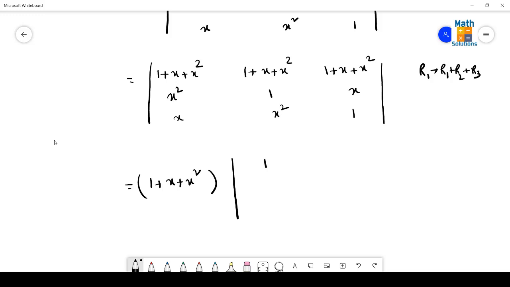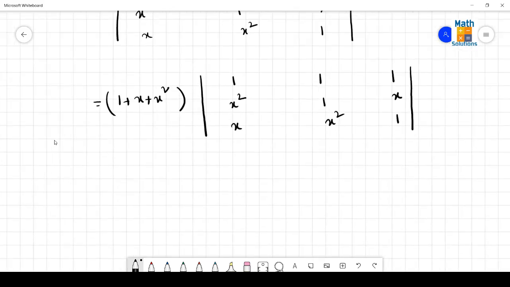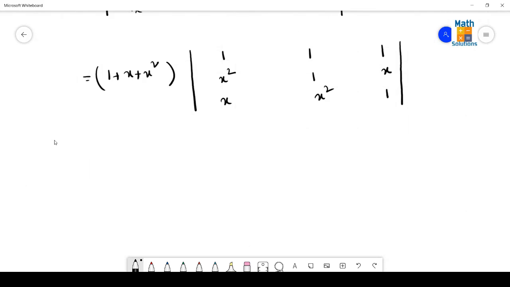Along the first row the terms will be like this: 1, 1, 1. Since there are 3 ones along the first row of this determinant, we should try to get maximum number of zeros along this row. So 1 plus x square.